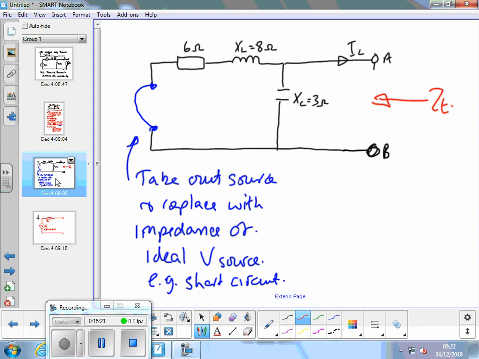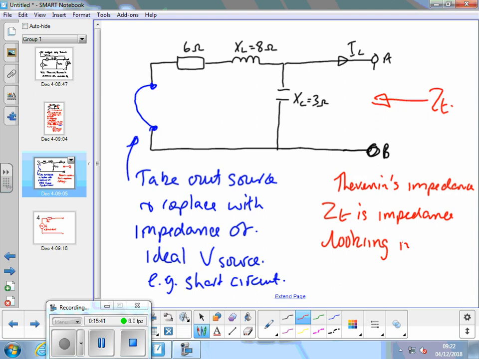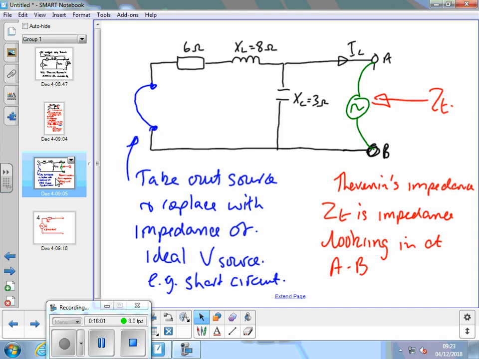So it's what you would do if you put an ohmmeter on these two terminals, or an impedance meter I should say in this case, and measured the impedance looking back in.